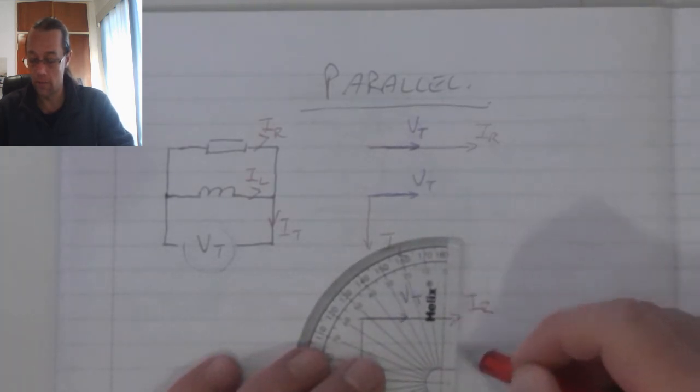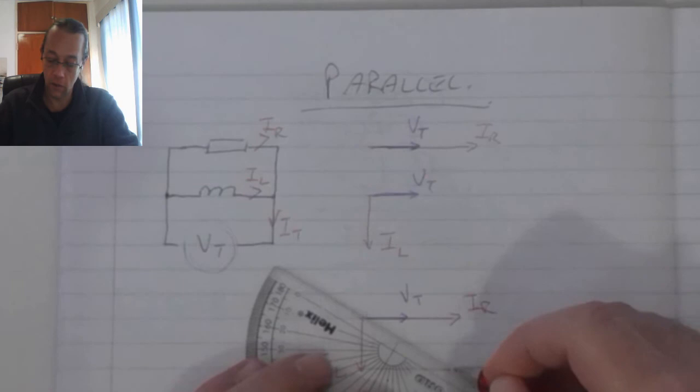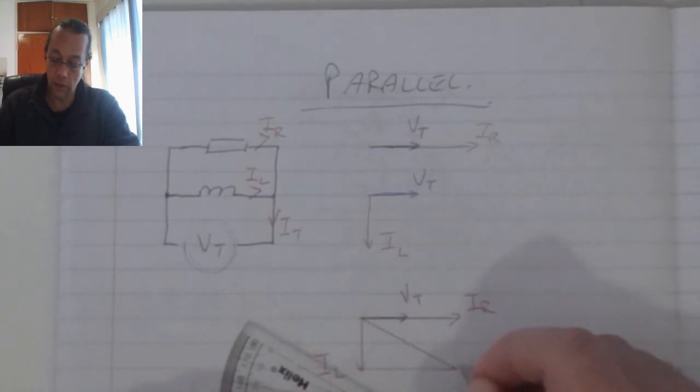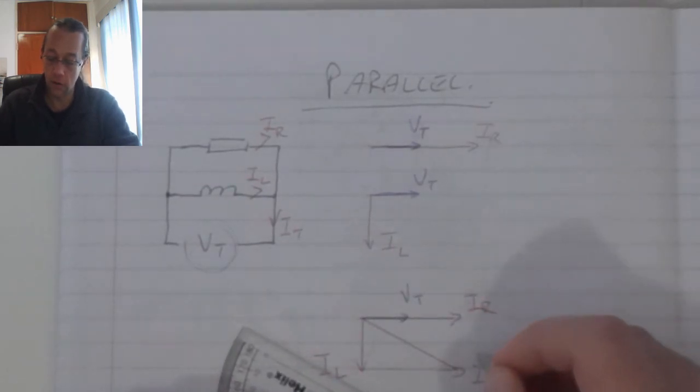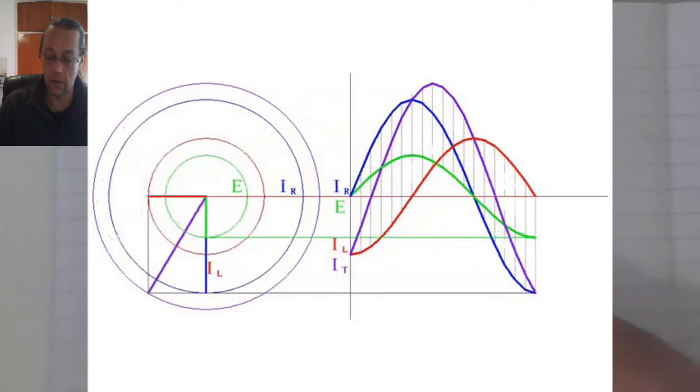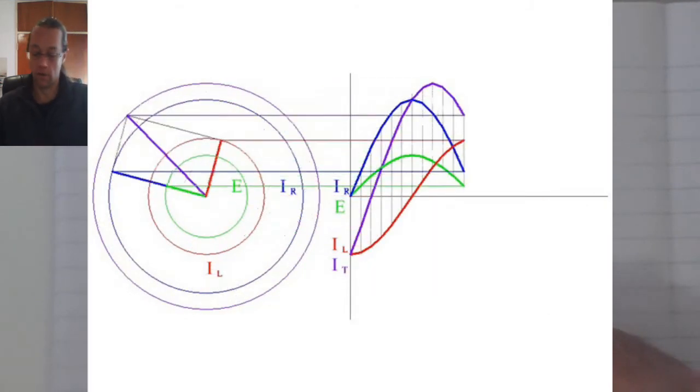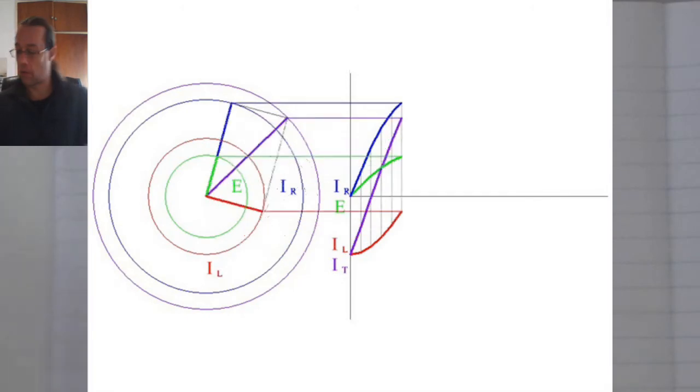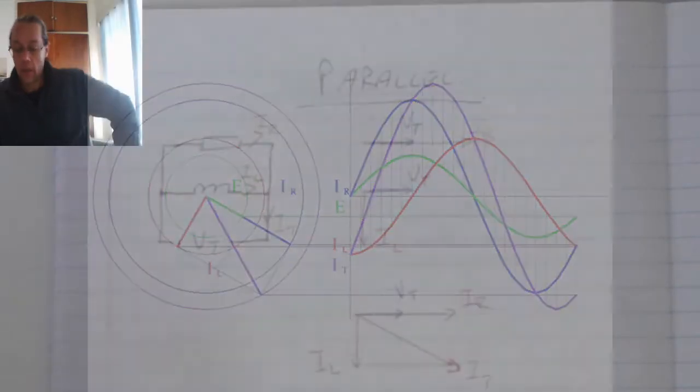And when we draw the phasor diagram, we see that the total current, I total, is now at a lagging angle with reference to the voltage that is being supplied.